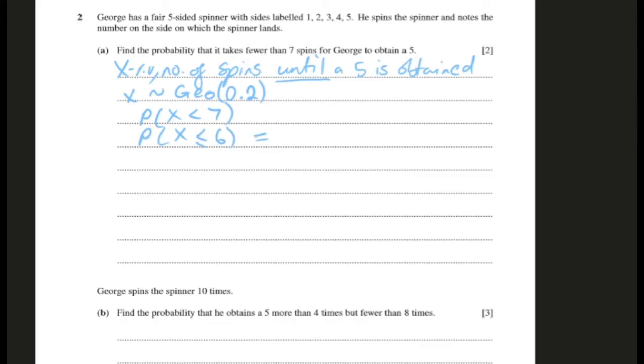So the probability that x is less than or equal to 6 is equal to 1 minus q to the power 6. q represents the probability of failure, so that's 0.8 to the power 6. Punch that into your calculator, that's 1 minus 0.8 to the power 6, and you get 0.738.